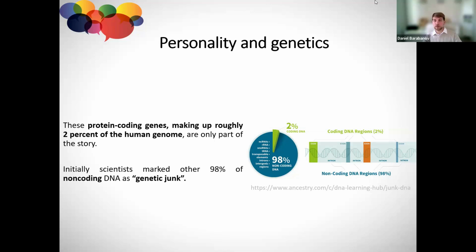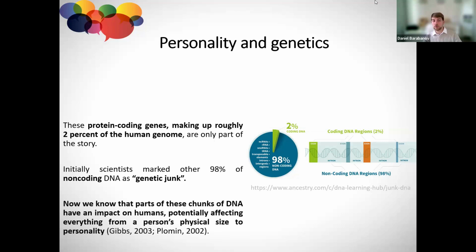Previously, scientists thought that those 2% of protein coding genes are important, and the rest of DNA is kind of genetic junk. But later studies showed that it's not true. This is not based on the facts.